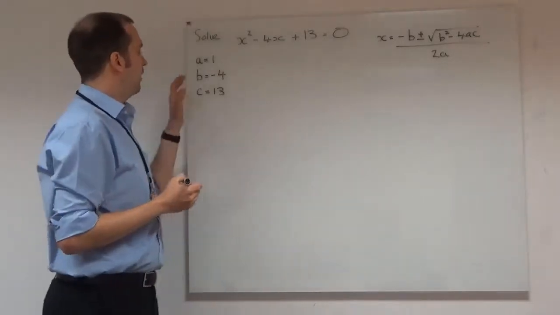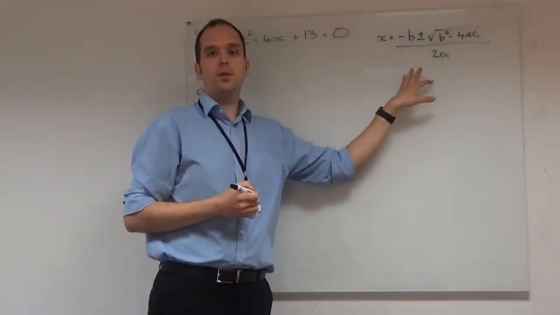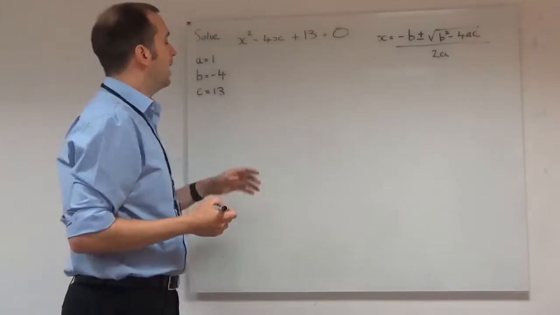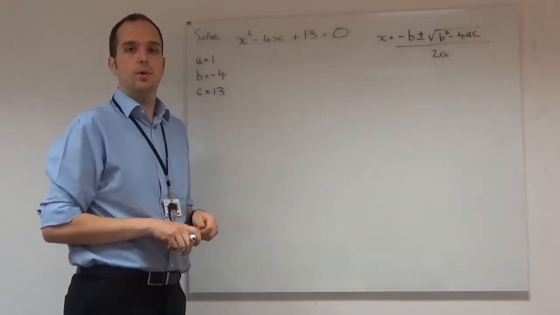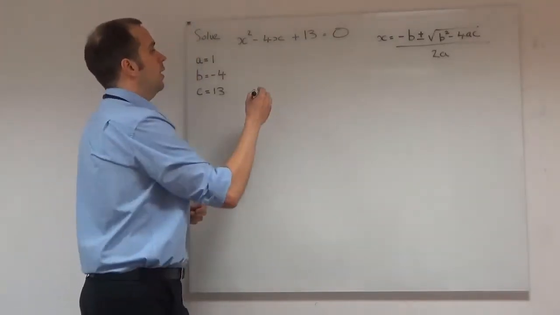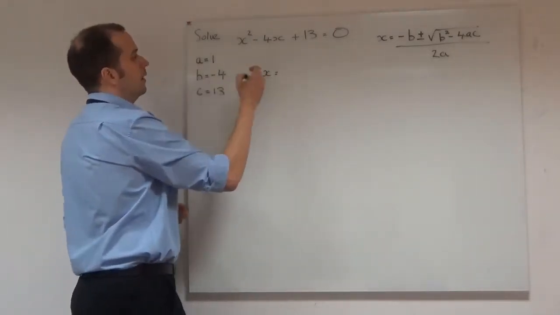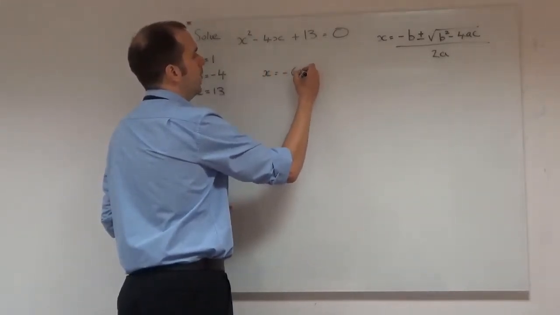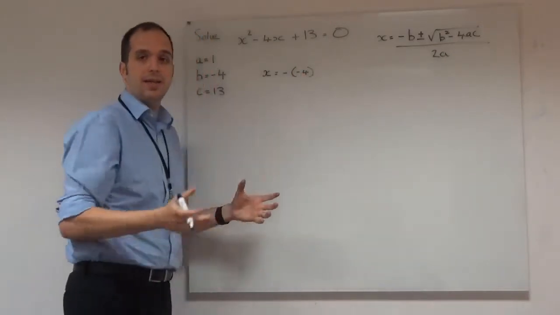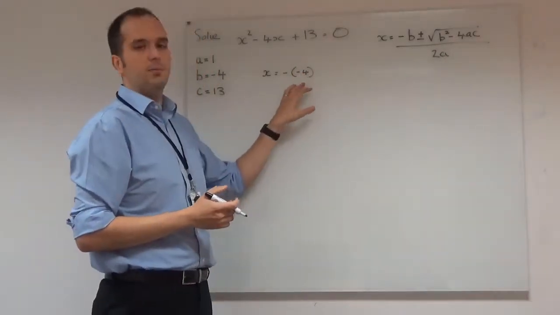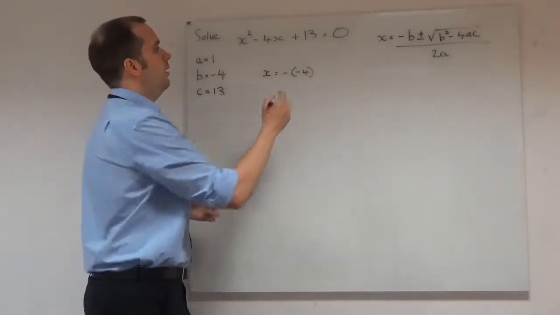So we have our values of a, b and c, so all we have to do is substitute them into the quadratic formula and hopefully find the solution to our quadratic equation. So let's see what we get. We've got x is equal to minus b, so that's minus 4. Remember, when we put a negative number in, we should always put brackets around it.